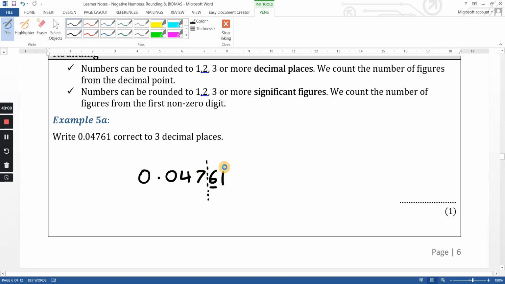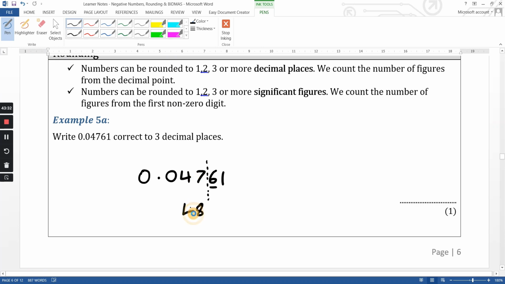If this key digit here is 5 or more, then this goes up. If this digit is less than 5, then this stays the same. These are the rules for rounding. So in this case, because this is a 6, the 7 is going to go up by 1, so that's going to go up to an 8.